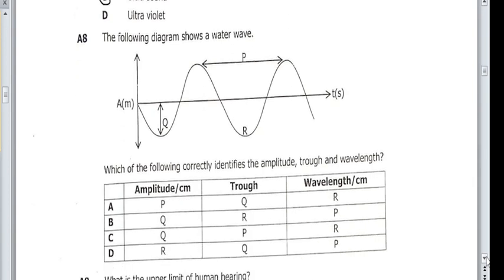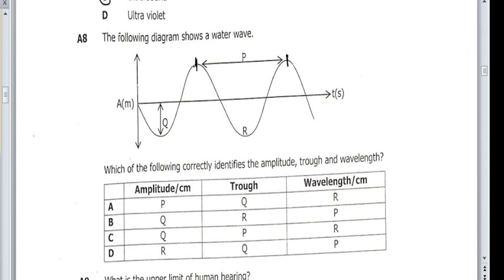The following diagram shows a water wave. Which of the following correctly identifies the amplitude, trough, and wavelength? Amplitude, trough, and wavelength. How can we identify that? So now let's do this. This point here is called a crest, and this point is a crest.